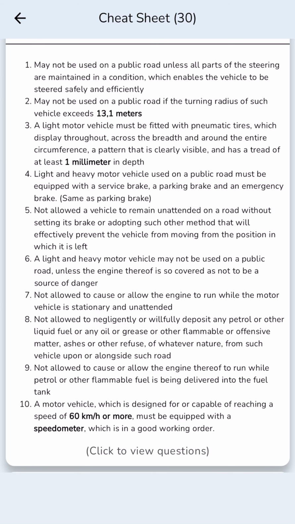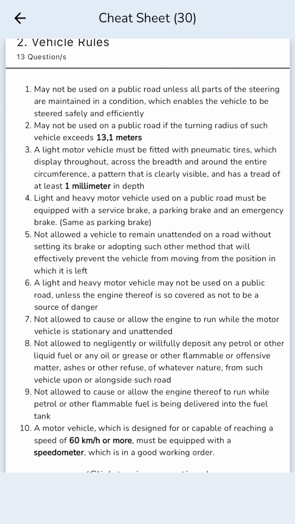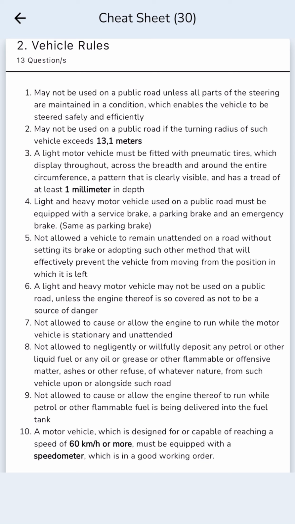Okay, let's look at rule number 10. It says a motor vehicle which is designed for or capable of reaching a speed of 60 kilometers per hour or more must be equipped with a speedometer which is in good working condition.